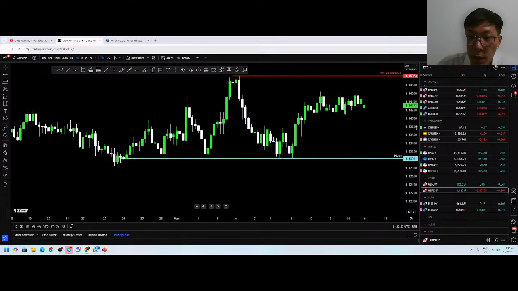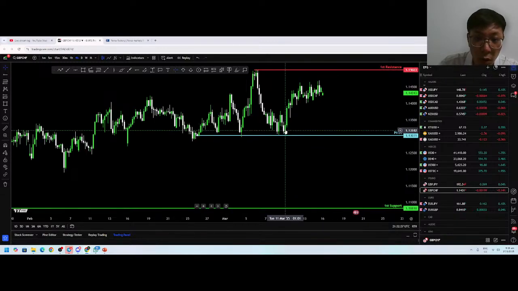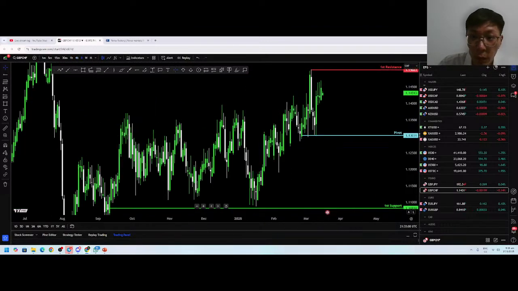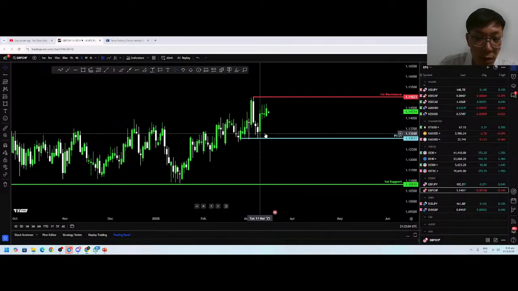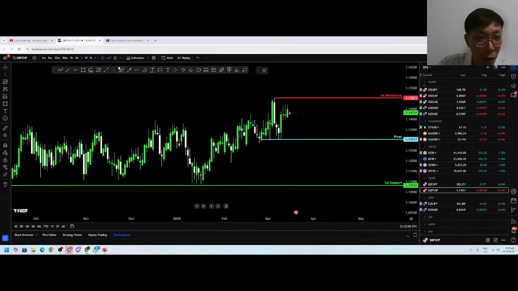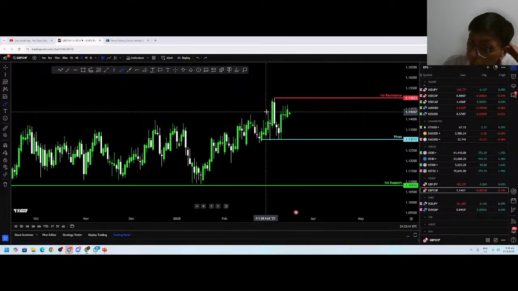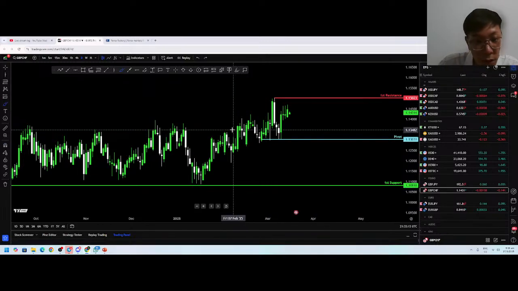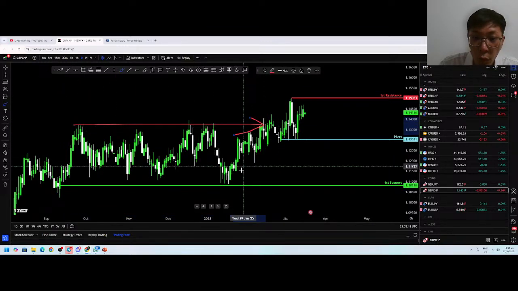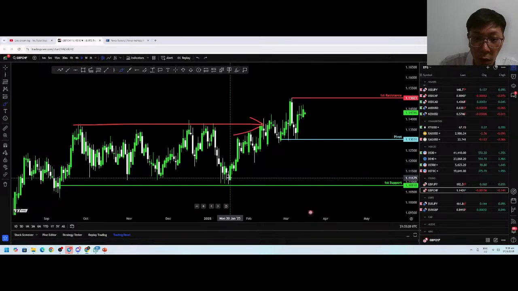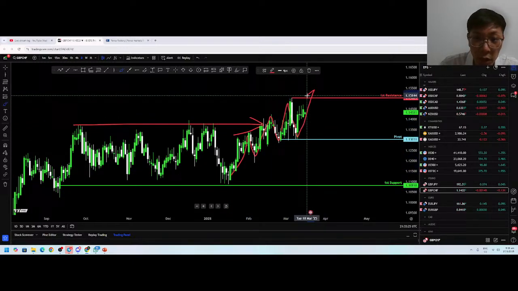So far, for GBP CHF, I think it might take a while before it starts to go even higher. On the daily time frame, price has already passed this support level, and it might come towards this resistance level. But the one thing I'm worried about is that it has now become bullish, creating multiple higher highs and higher lows, so price might actually continue upwards.